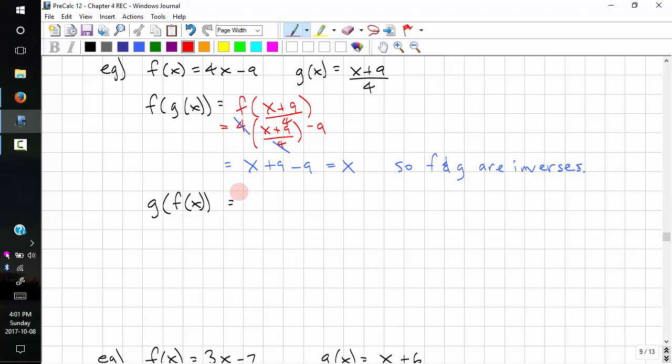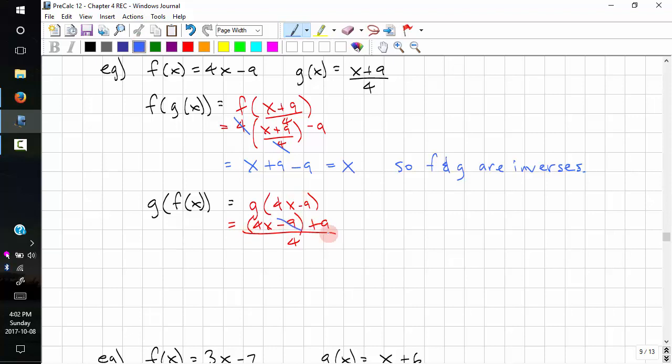Let's try it the other way around. So we have g of 4x minus 9. Now we substitute. We have 4x minus 9, that's brackets, that's the x, plus 9 over 4. Because these are just additions and subtractions, we can remove the brackets.